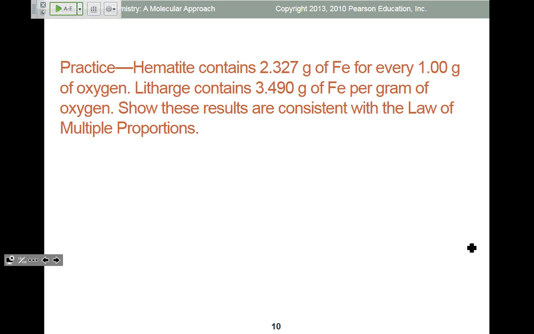But we have 2.327 grams of iron for every 1 gram of oxygen in hematite, and in litharge, it was found that we had 3.490 grams of iron for every gram of oxygen. So again, we're showing that this is consistent with our law of multiple proportions.